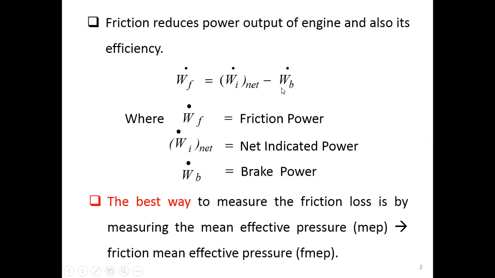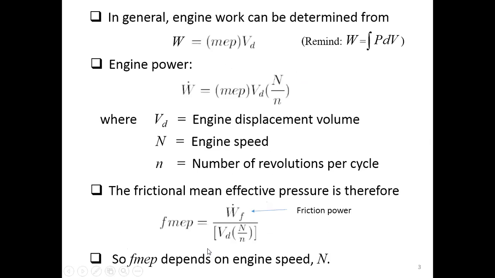To find out the amount of friction, it is best that we measure the mean effective pressure, in terms of the friction mean effective pressure. To find the work that comes out from the engine, we can determine it from the mean effective pressure times the displacement volume.